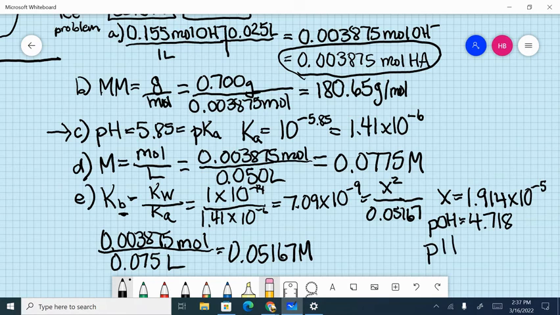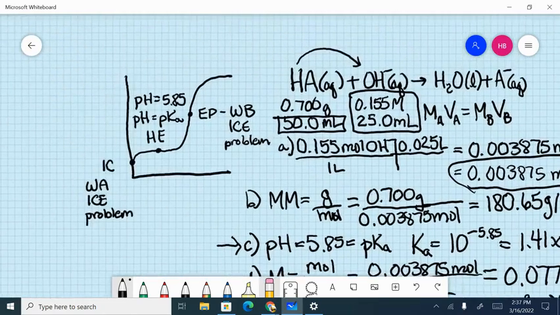That gives me a pH at the equivalence point of 9.282. If it is a weak acid, strong base titration, make sure that your pH at the equivalence point is in the basic range. So let's add this to our titration curve, 9.282.